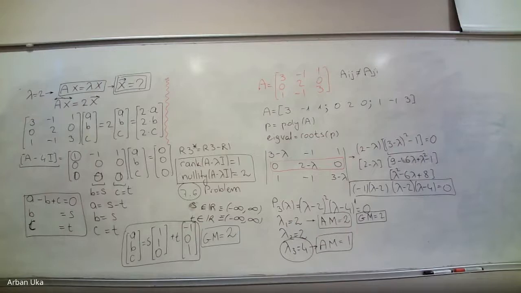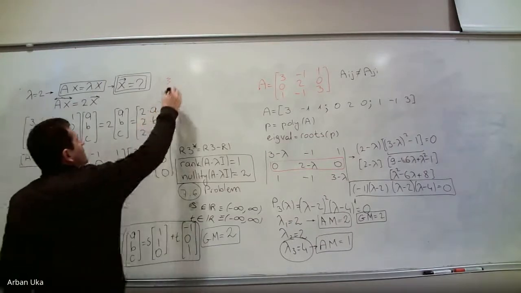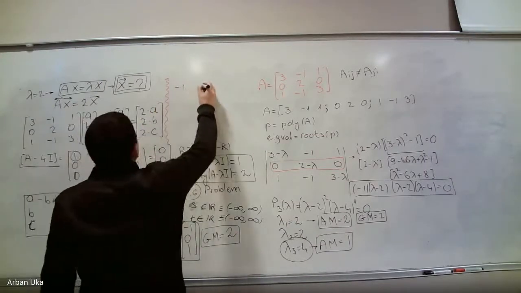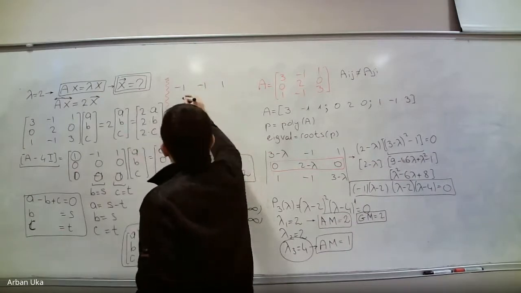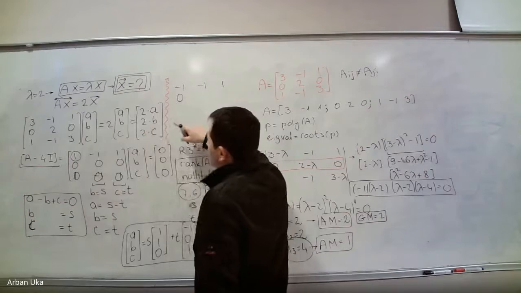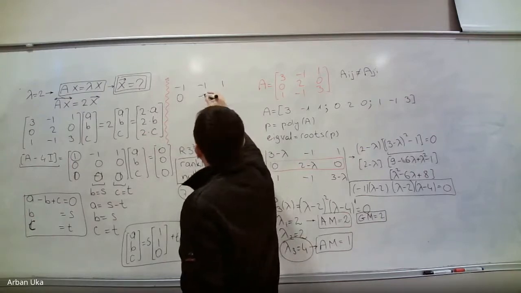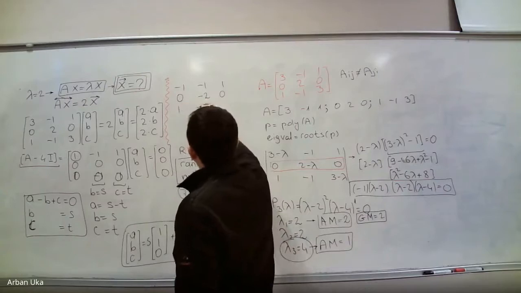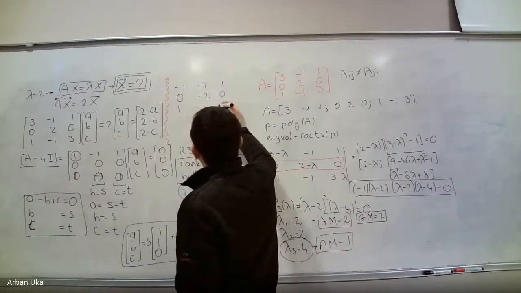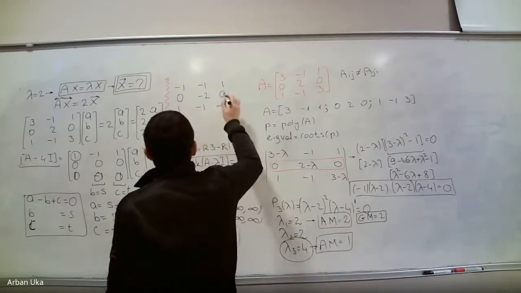Here we have 3 minus 4, it's minus 1, then minus 1, 1, 0, 2 minus 4. What is 2 minus 4? This is minus 2. This is 0. We have 1, minus 1, and 3 minus 4, this is also minus 1.